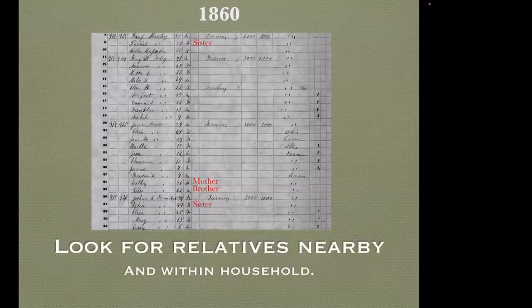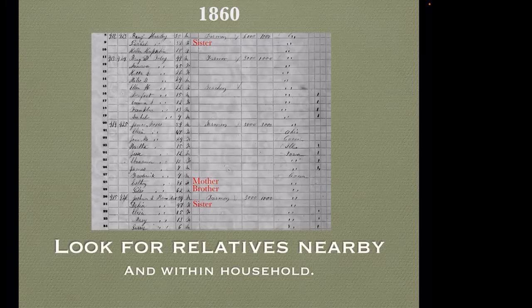Another thing you want to do is look for other relatives that are nearby or possibly within the same household. So this household, at the middle of the page, it's James Moses. You'll notice that, and this is in the 1860 census, and it doesn't really list relationships, but from other sources, I know that Esther is his mother, Giles is his brother, and near the top, there's a Parnell that's his sister, and Adelia is also a sister.